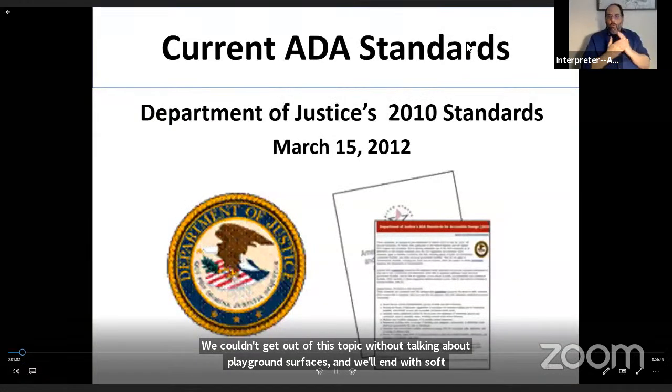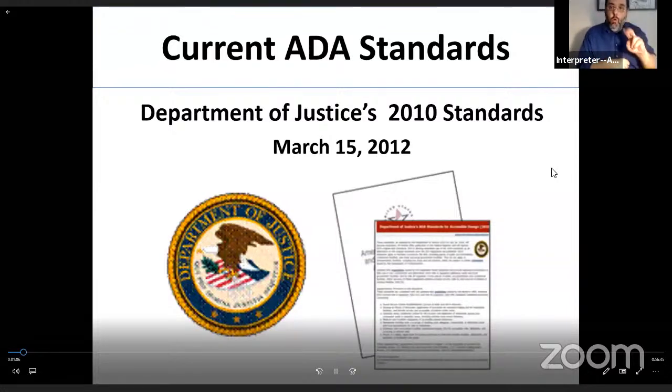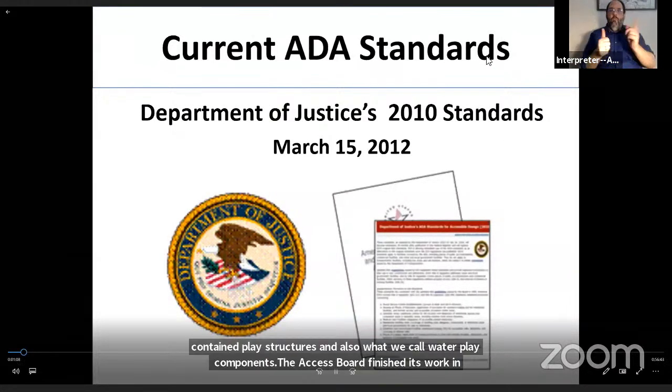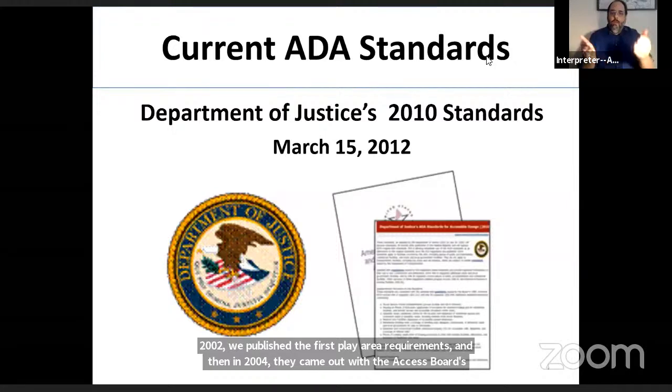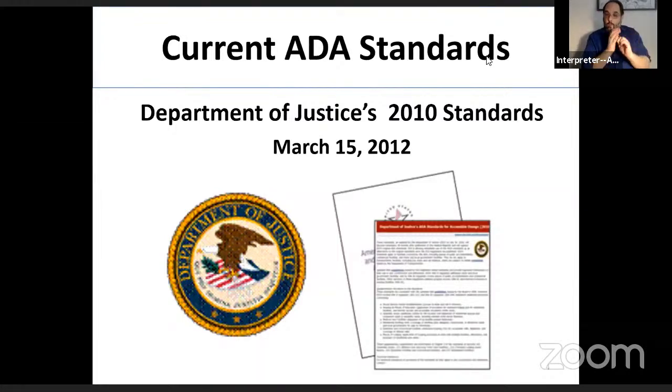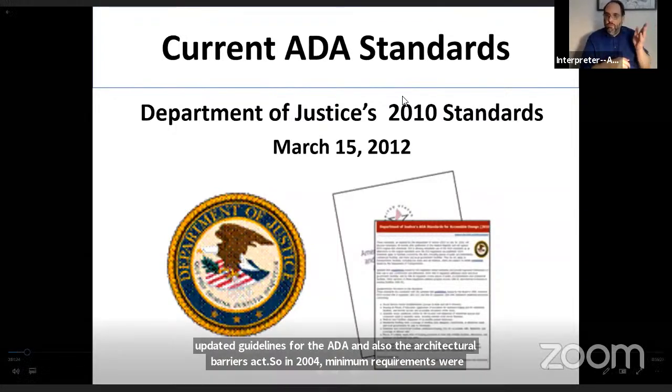The Access Board finished its work in 2002. We published the first play area requirements. And then in 2004, they came out with the Access Board's updated guidelines for the ADA and also the Architectural Barriers Act. And so in 2004, minimum requirements were out there for play areas. The Department of Justice undertook their rulemaking.